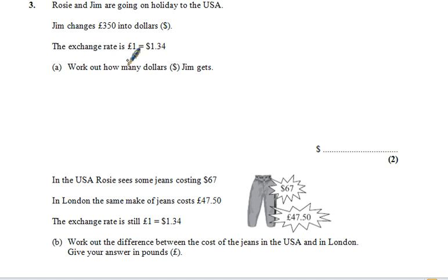Alright, so if every pound is $1.34, then for every pound that's how many dollars he gets, and he's got 350 times more, right? So therefore we need to multiply 350 by 1.35. You need to calculate this on your calculators, and perhaps we can use a calculator here.